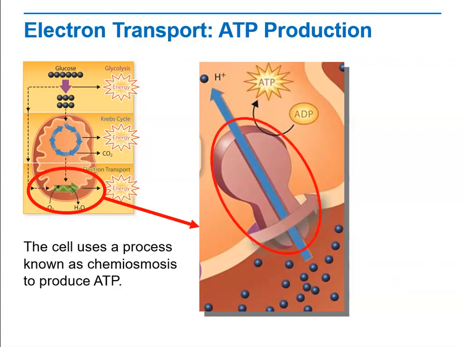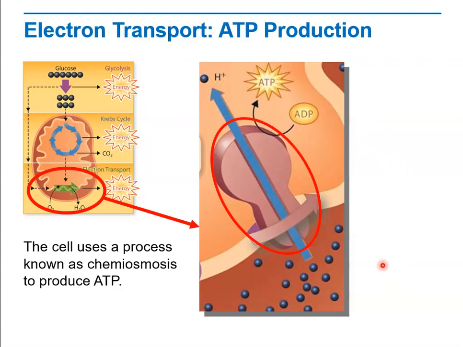What causes the hydrogen ions to rush through the ATP synthase? The hydrogen ions are packed together more tightly in the intermembrane space between the membranes than they are inside the mitochondria, in what's called the matrix.